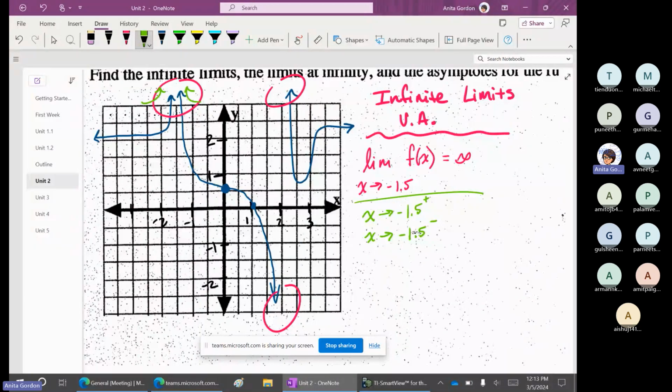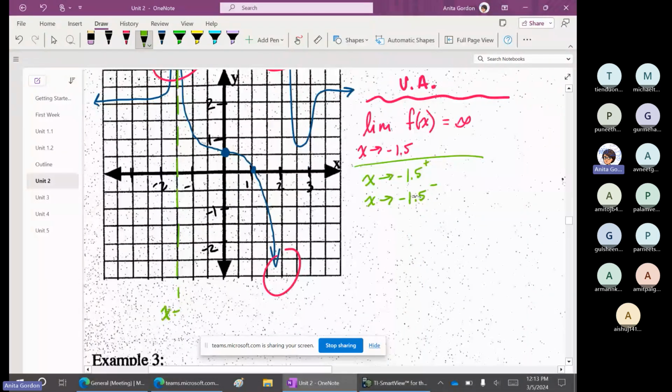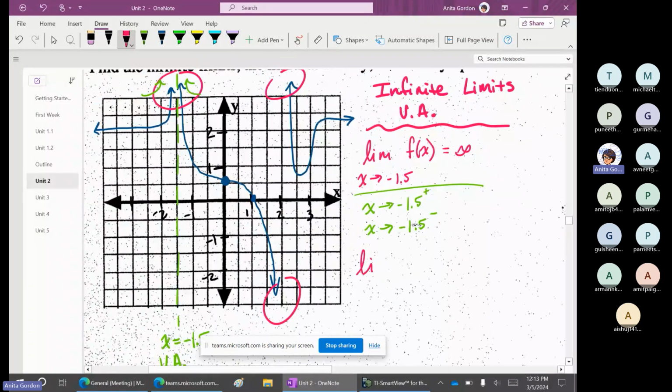However, where is my other limit here? At 2. Negative 1.5 is my first vertical asymptote here. The next thing I'm going to talk about is what happens as we approach x equals 2.